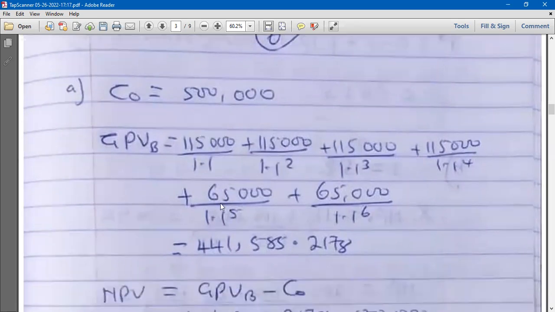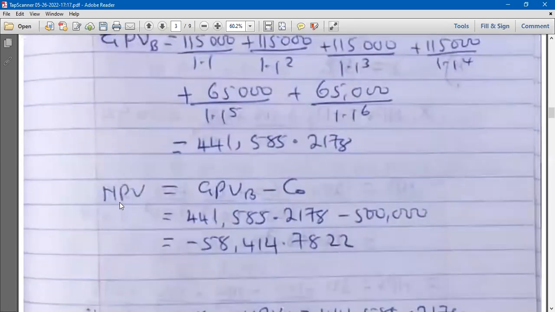Then the 5th year, the profit was 65,000, so 65,000 over 1.1 to the power 5. Then the 6th year too was 65,000, so 65,000 over 1.1 to the power 6. So this is going to be the gross present value of the benefits. If you want, you just have to simplify this to get this value here. Please, of course, you have to verify it.